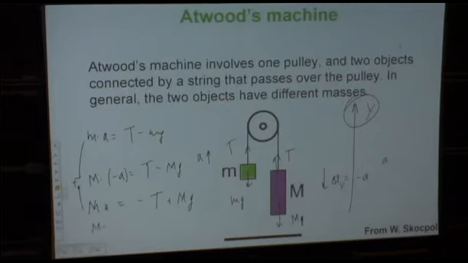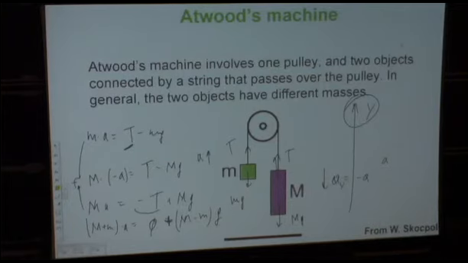So big M plus little m times acceleration will be equal to, you see, this is a T, and we are adding a negative T. What's happening? They cancel. So done. And what we have here is plus big M minus little m times g. It's not the only way to do it algebraically, but the fastest way.